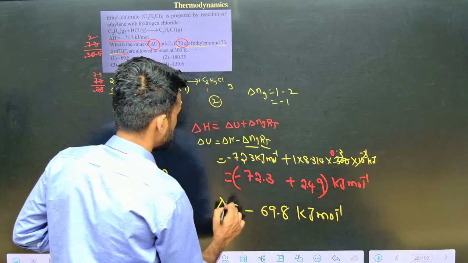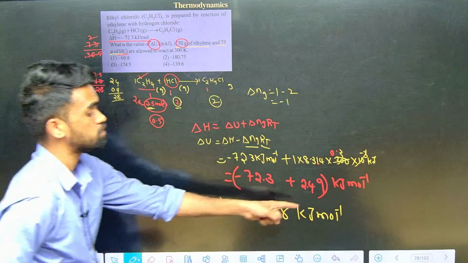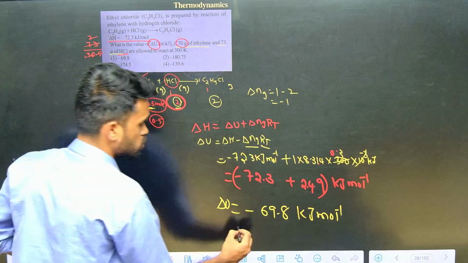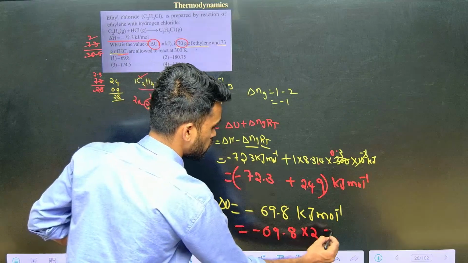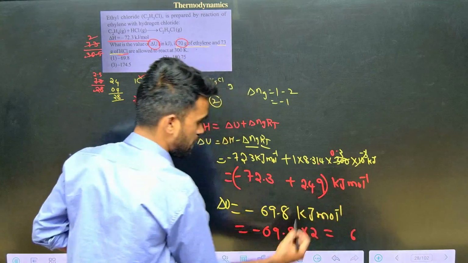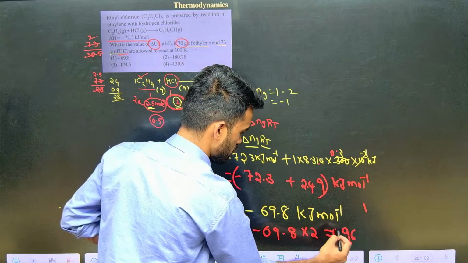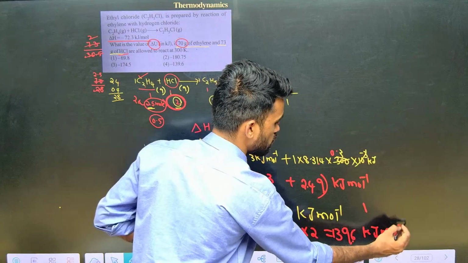This is the internal energy we got, per mole. So how many moles are involved in the reaction? 2 moles now. So multiply by 2, that's it. 69.8 into 2 gives 139.6 kilojoule. This is your final answer.